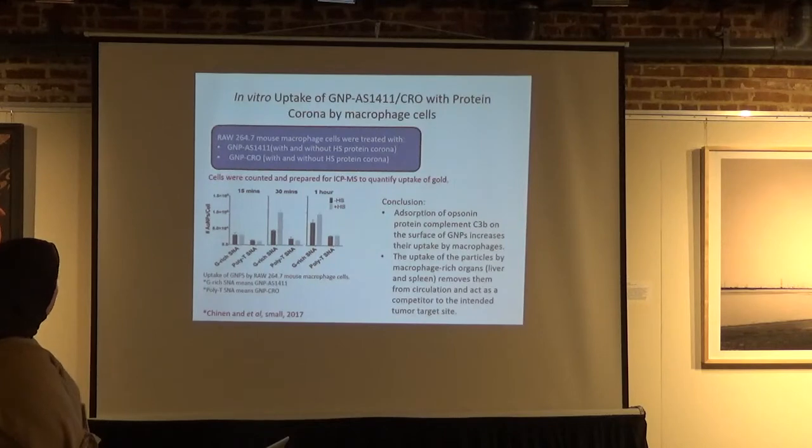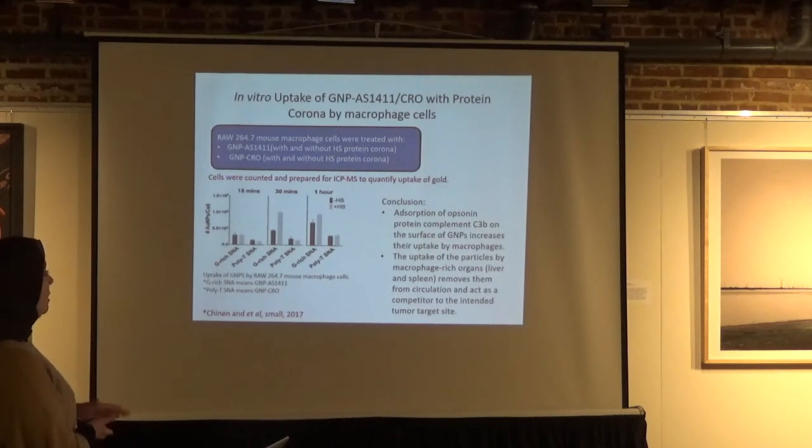The graph shows that the cells that were treated with particles with protein corona have the highest percentage of gold in comparison to the other cells that were treated with particles without protein corona.